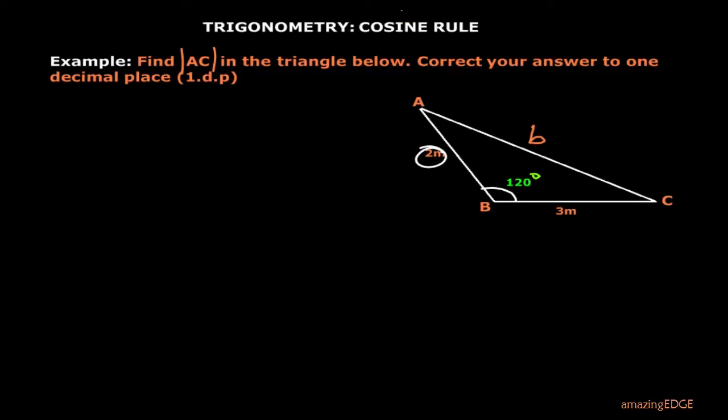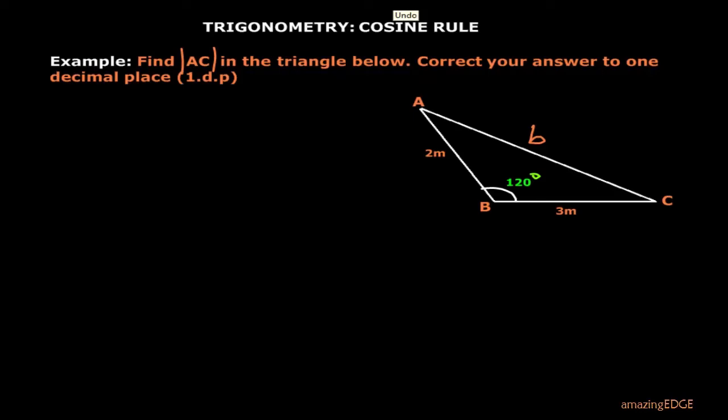So if you want to apply sine rule here, it's not going to work. So we resort to cosine rule, because cosine rule says given two sides and the included angle, it will work.